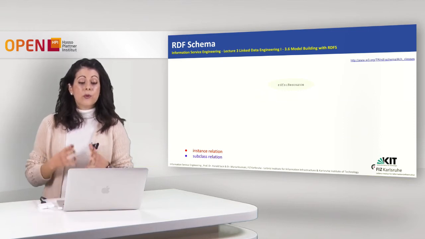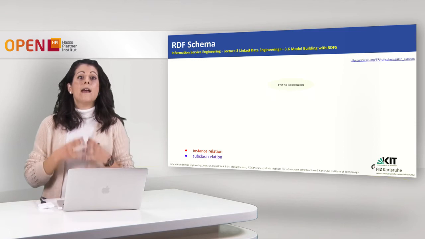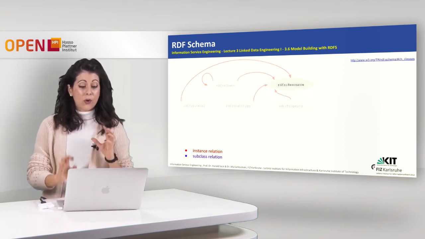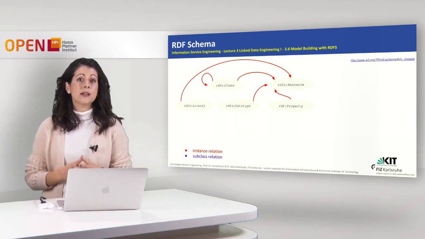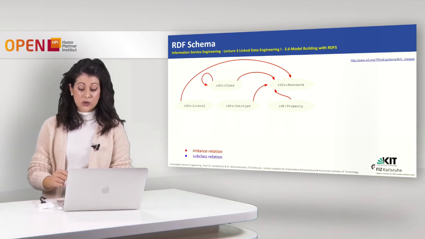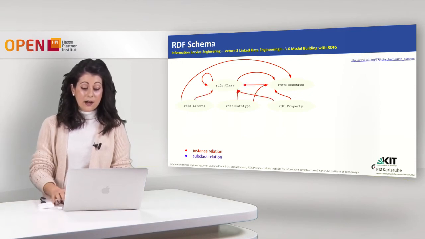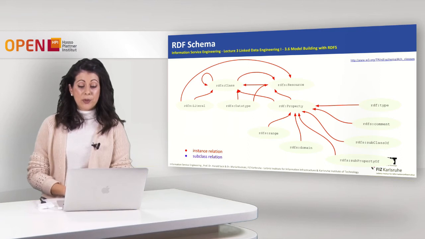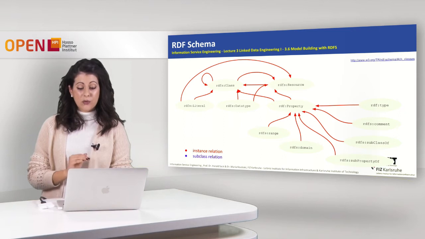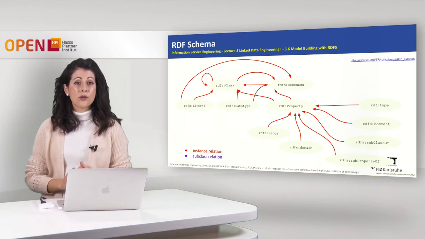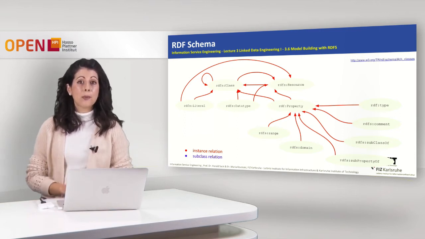So, as we said before, we have the RDFS resources here, and everything is a resource. You see here that all literals, classes, data types, and the property, everything is a resource, an instance of a resource. And then we see that for the property, we have all those nice properties that we will widely use, like the RDF type, the RDFS comment, the RDFS subclass of, the RDFS subproperty of, RDFS domain, and the RDFS range, all of which are instances of the RDF property.